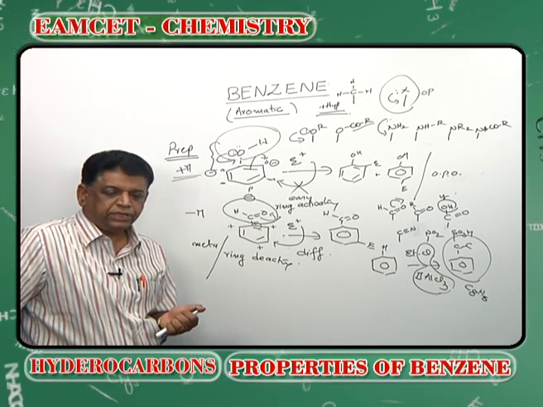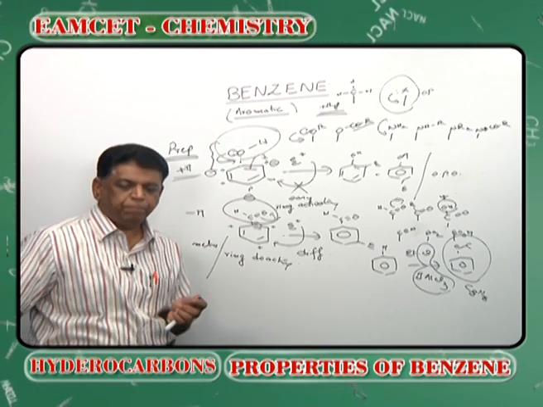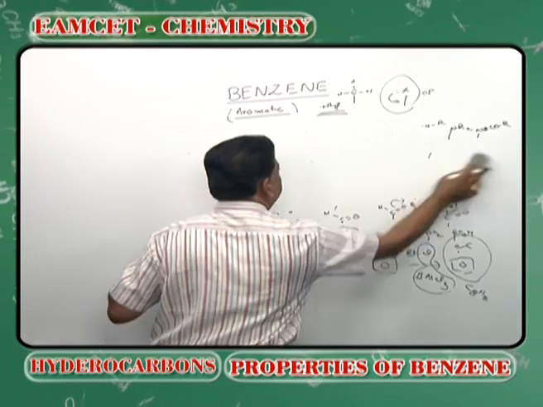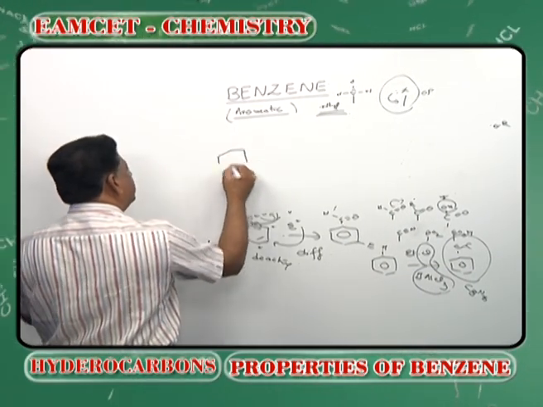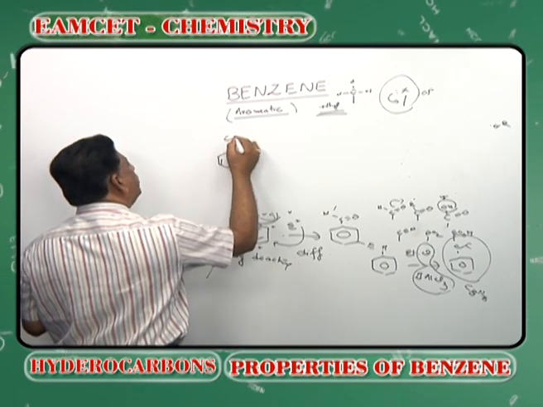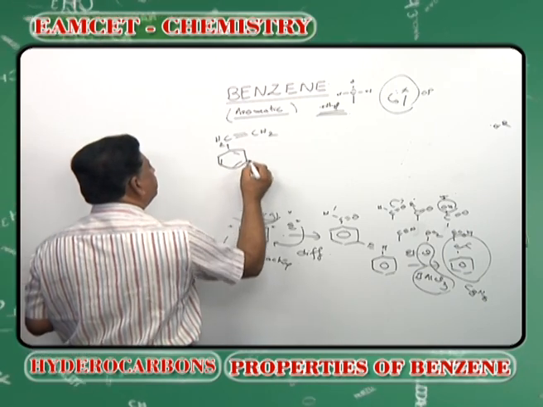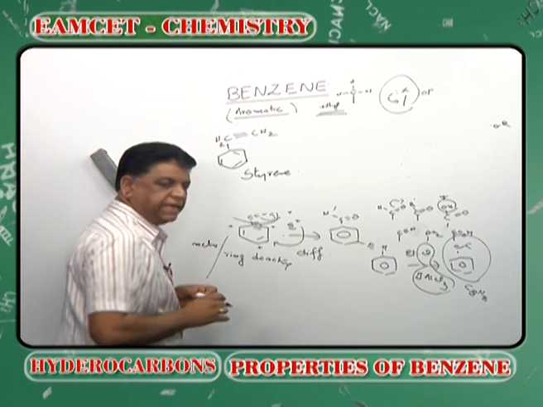Next, sixth question. Which one of the following is used in the preparation of styrene? Styrene is a polymer prepared out of a benzene derivative. Benzene containing a vinyl group, a double bonded group, is known as styrene.